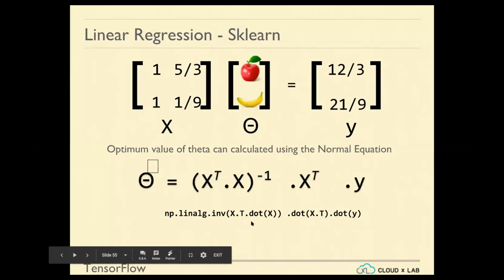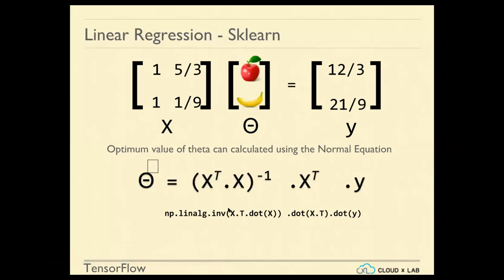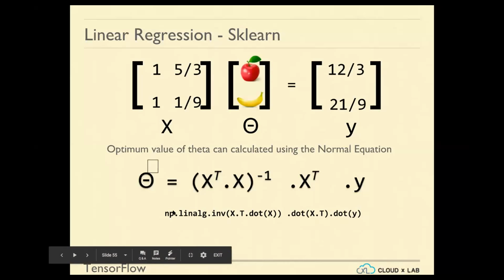So in case of numpy, we'll be computing xt twice, but in case of TensorFlow, since it's a graph computation, xt will be computed only once. So LIN ALG is basically a linear algebra object, which has methods like inverse and others.